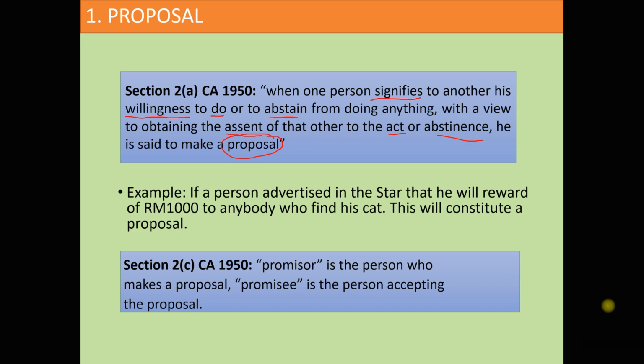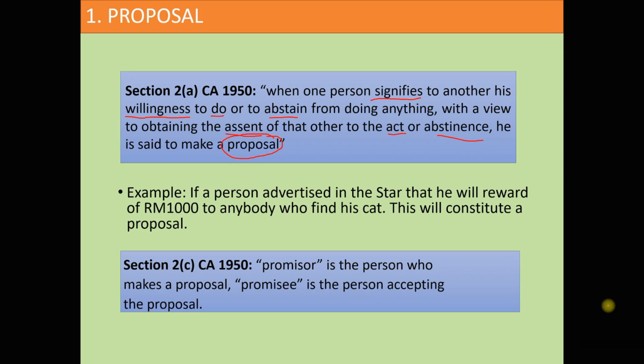But to abstain is something like if you don't go to the class, I will give you 10,000. So that is also a kind of offer for not doing, right? But of course most of the time a contract needs the other person to act, to do something.